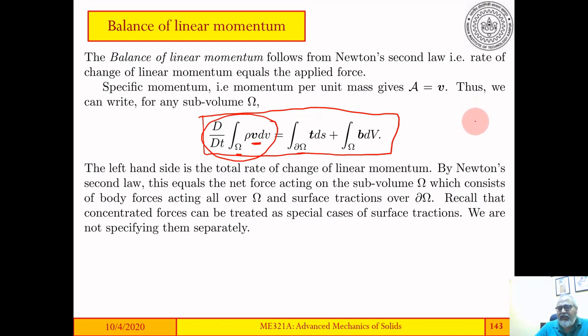I will just assume that I'm dealing with the rate of change of an arbitrary quantity, let's say A, over the same volume omega. We will put A as V later and see what happens. So when I'm doing this, there are a couple of steps that I can do.